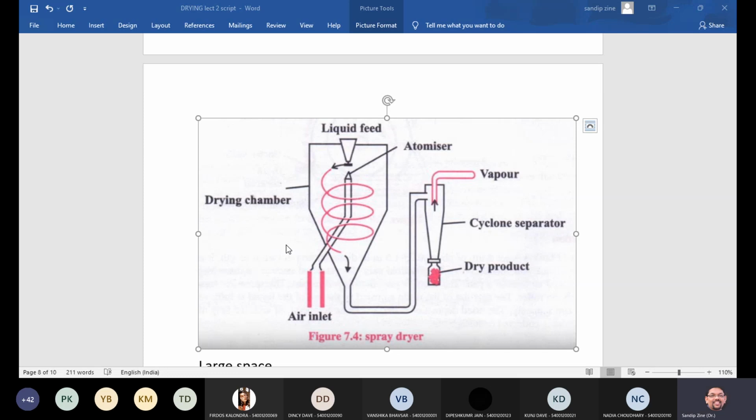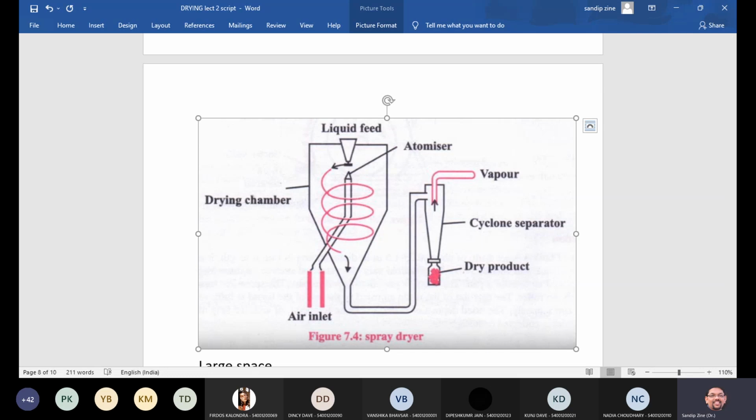that throws the dried particles to the bottom, and the dried particles are collected in our storage, or our reservoir, and the vapors are generally removed from the top of this cyclone separator. This is the actual working of this spray dryer.